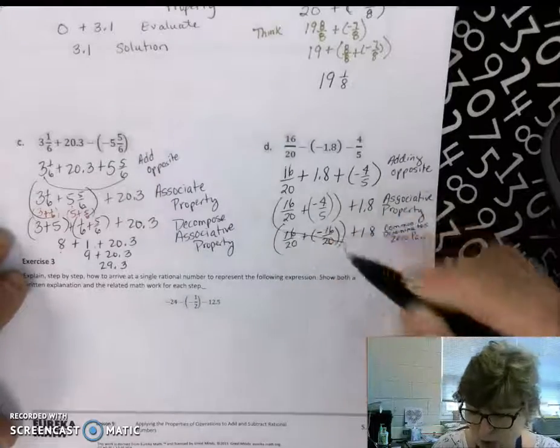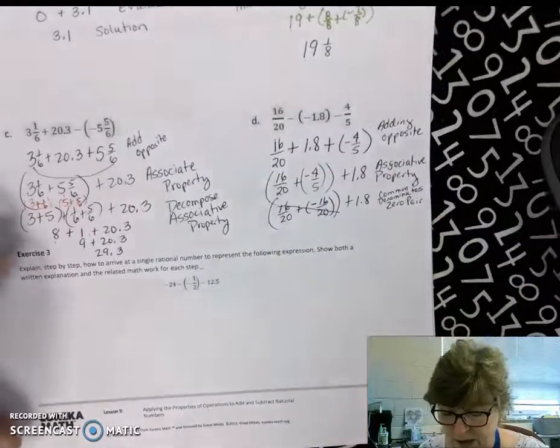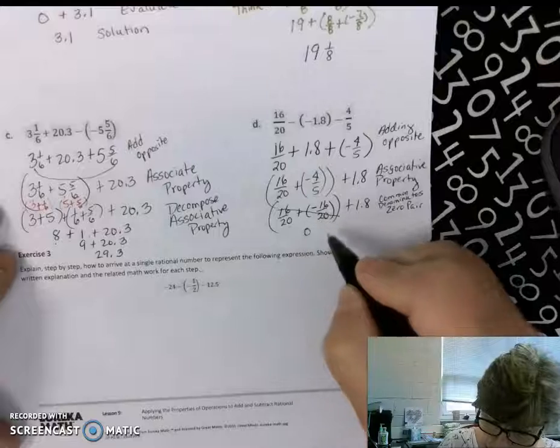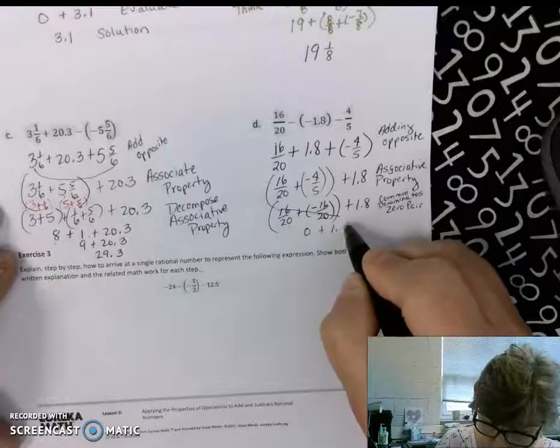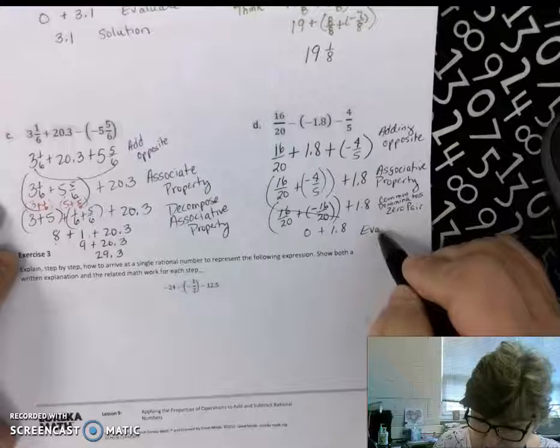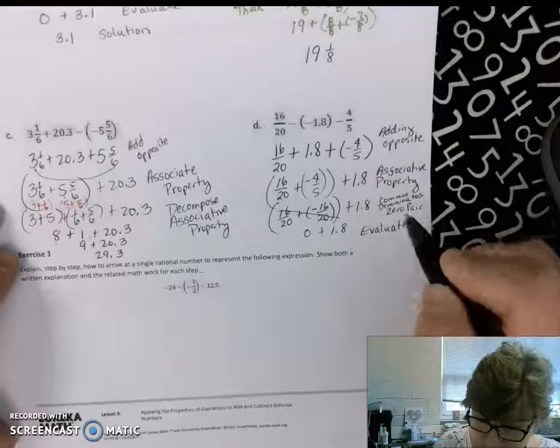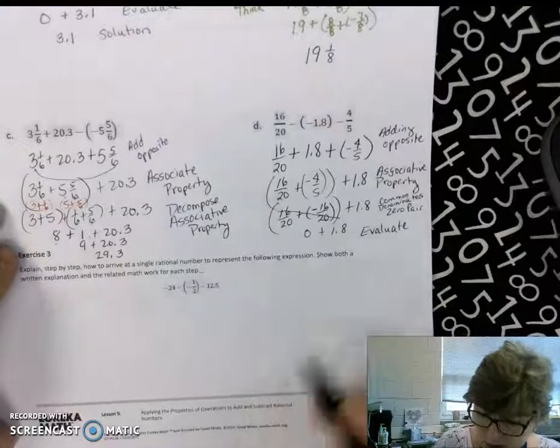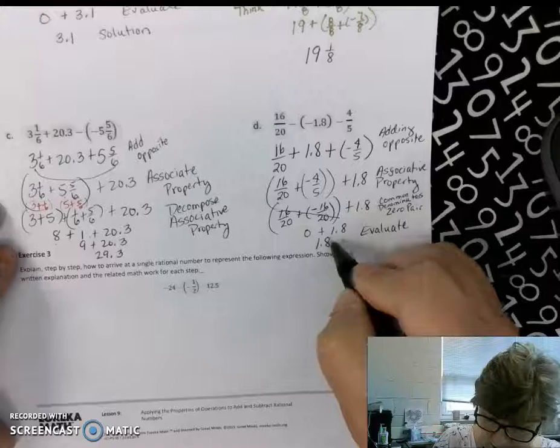And this is going to cancel out or form 0. 0 plus 1 8/10, and I'm going to evaluate and get a result of 1 8/10.